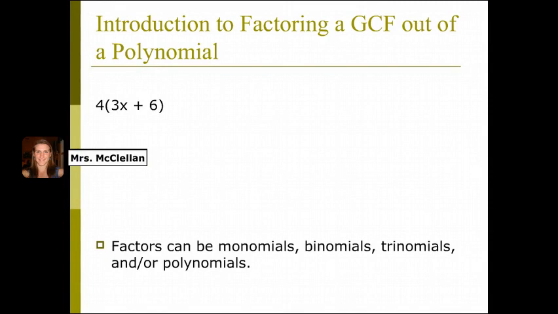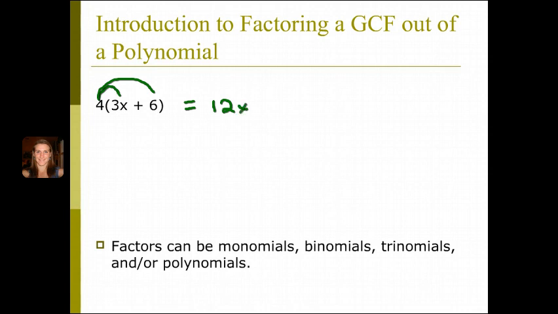In this problem, if you remember back to chapter 2 when we first started learning how to solve equations, we talked about the distributive property. We have to distribute our 4 to the 3x and to the 6. 4 times 3x gives you 12x, and 4 times 6 gives you 24.